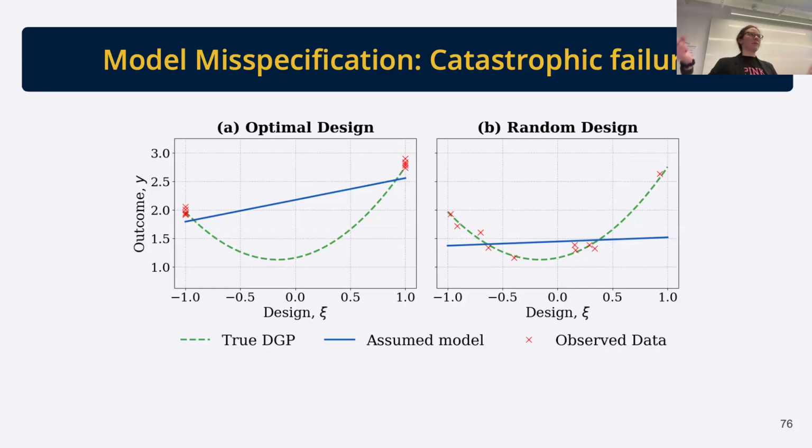This is the thing that maximizes your mutual information. And in this case, you don't even have enough data to detect misspecification. And if you were doing random sampling, you would fit this model, which is actually closer to the truth, and you would potentially be able to detect some form of misspecification.